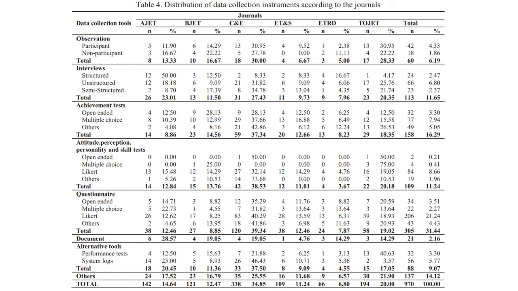Apart from questionnaires, they also use achievement tests, either open-ended achievement tests, multiple choice, or others. Besides that, they also conduct observation, and also use interviews, either structured, unstructured, or semi-structured interviews.